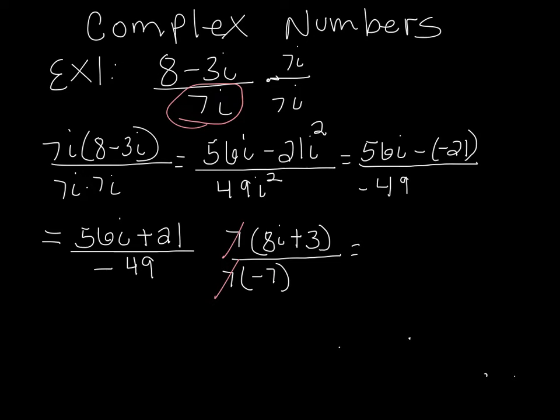So your answer then, we're going to pull that negative out front. Okay, so you have an 8i, or an 8/7 i, if you want. We could just do it like this and say an 8i all over 7 plus 3 over 7.